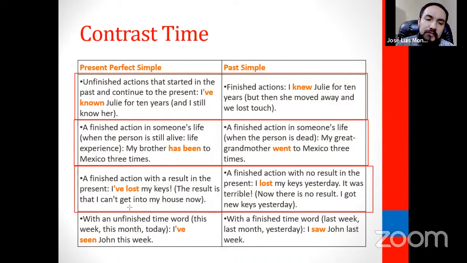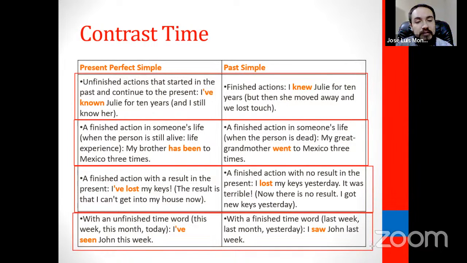And finally, one more time, we have an unfinished action for the present perfect. That's when the time word is related not to the past but can have a connection with the present. When you say, for example, this week, we can talk about a period of time during that week that already happened and is in the past. But this week can still be present, or this week can even be future. So when you have that implied connection between present and past, the present perfect is a good idea.